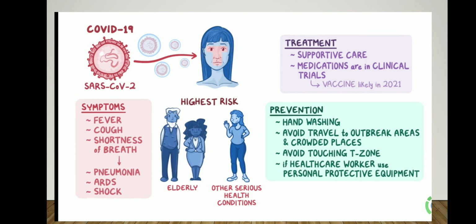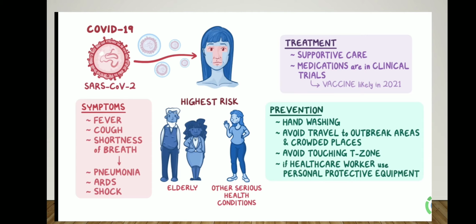Let's talk about the symptoms. After the incubation period, the symptoms are high grade fever, usually more than 102 degrees Fahrenheit, dry cough, and shortness of breath or dyspnea or chest tightening, which may eventually lead to pneumonia, acute respiratory distress syndrome, and shock, and finally to death.